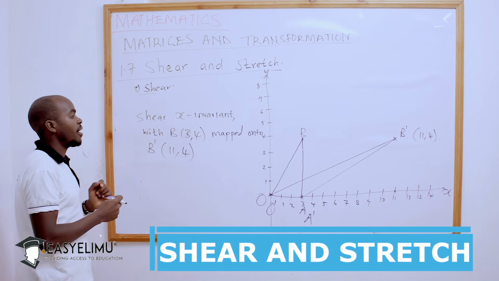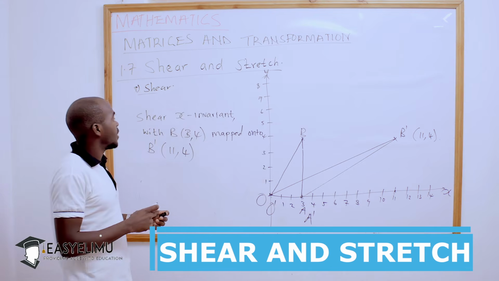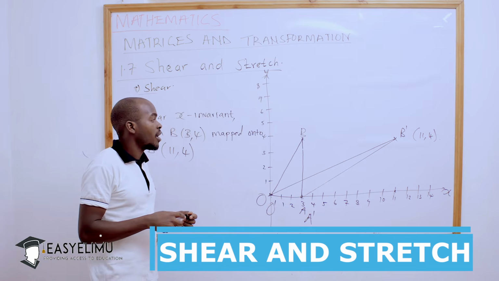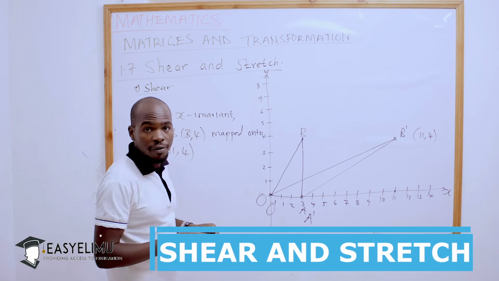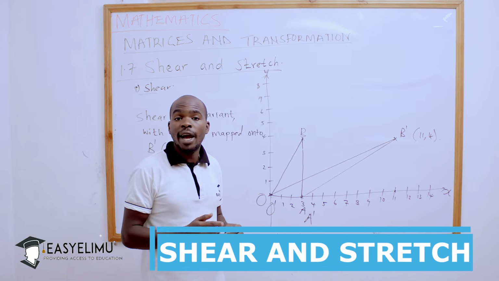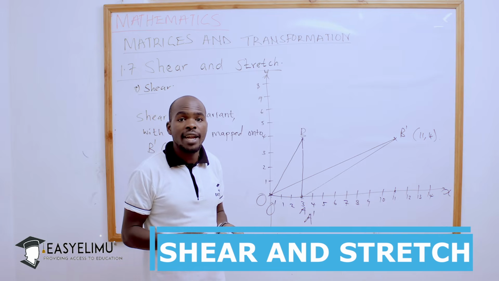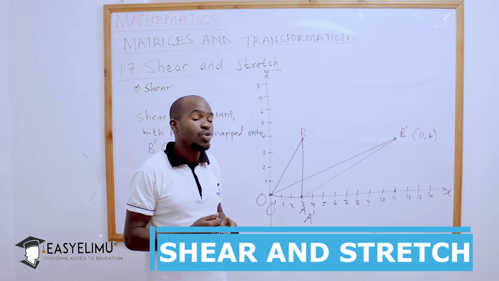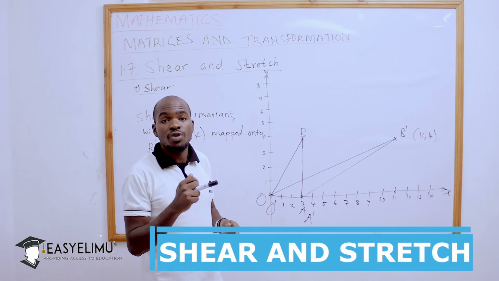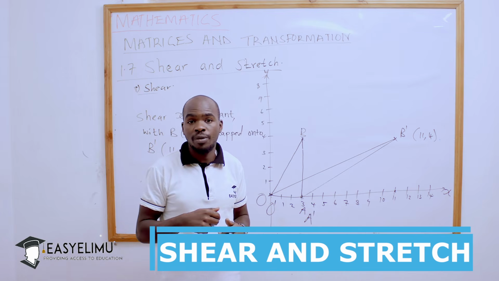And by that we shall have described that matrix, because we can see it is x invariant, and one of the point maps was from B, which was 3, 4, to B prime, which is 11, 4. The same can apply with the y invariant, and you only state the invariant line and one of the points which is not on the invariant line but varies from one point to another. So that is what you state, and give out the coordinates of that point.